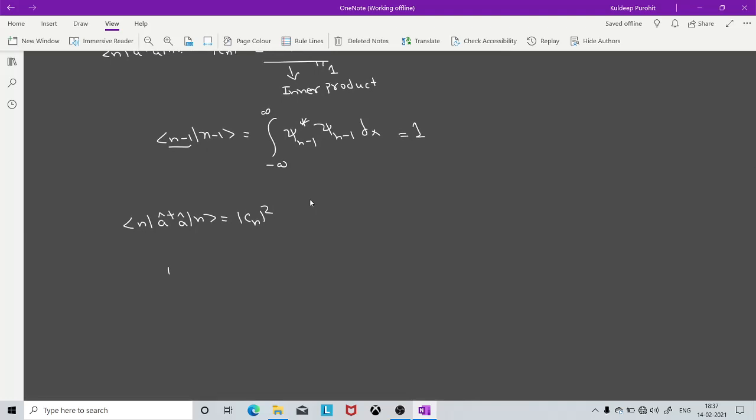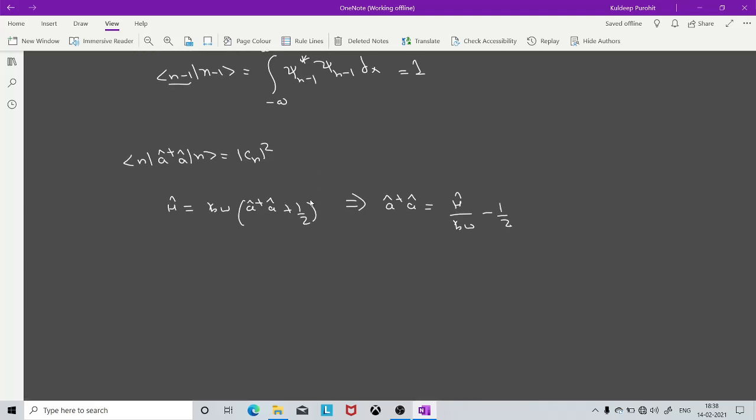Now, from our definition of the Hamiltonian operator, it is equal to h cut omega into a dagger a plus 1 by 2. So this can be written as a dagger a is equal to the Hamiltonian operator by h cut omega minus 1 by 2. I will plug this quantity into this equation. So instead of a dagger a, I will write H upon h cut omega minus 1 by 2.